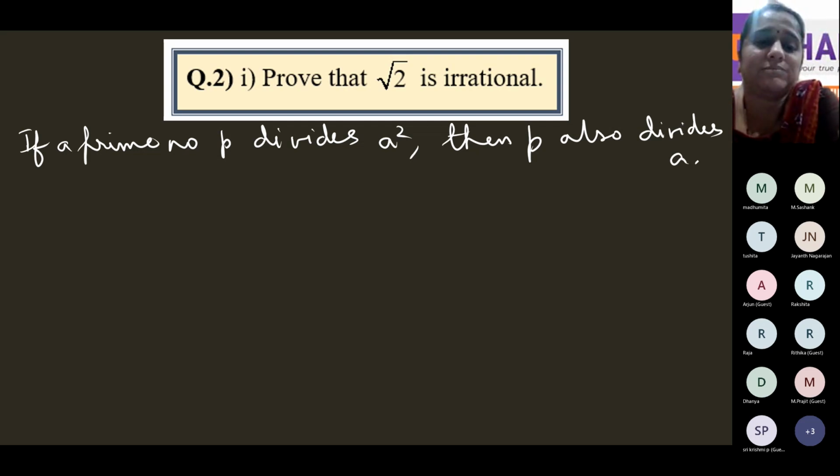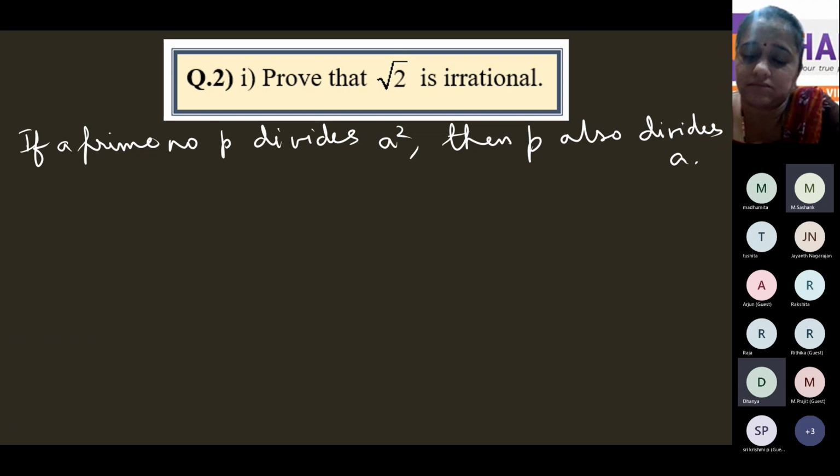If a prime number p divides a square, then p also divides a. Am I clear, children? To all of you? Yes, ma'am.